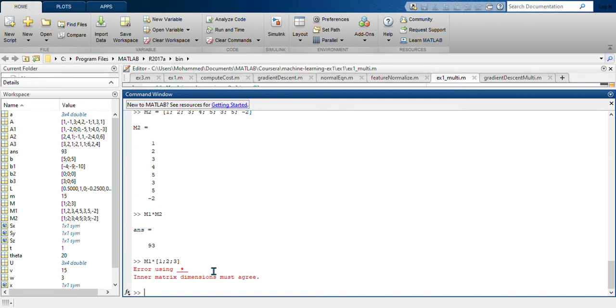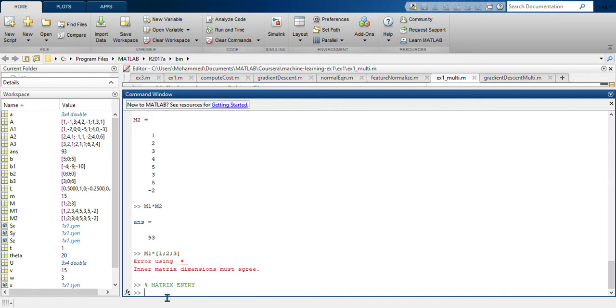Now we have seen how to enter a row vector and a column vector. Now let's see how to enter a matrix itself. How do we enter a matrix in MATLAB? Let's call that matrix capital M equals.